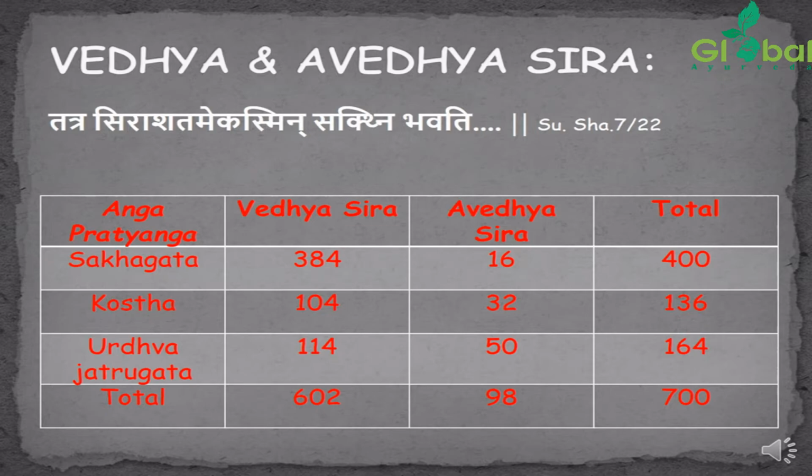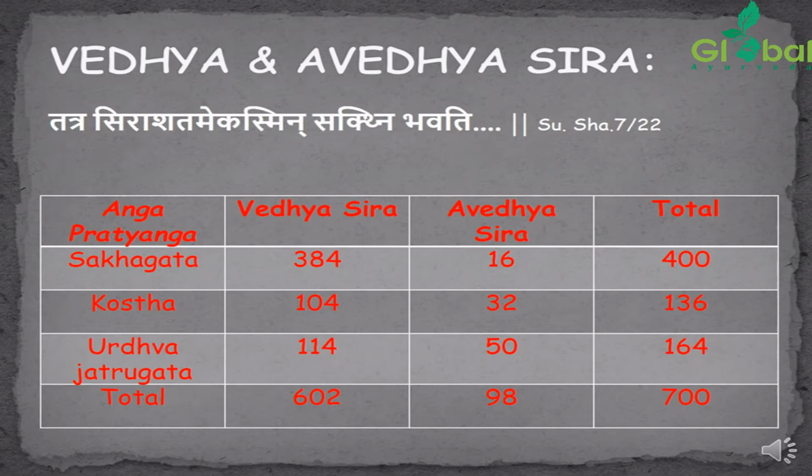Acharya has also mentioned Vedhya and Avedhya Sira. So first of all, let me clarify what is Vedhya Sira and what is Avedhya Sira. Acharya Sushrut mentioned that out of the 700 Sira, 602 are Vedhya Sira and 98 are Avedhya Sira. So what is Avedhya Sira? Sira that should not be punctured during Rakta Moksha or any other surgical procedure.